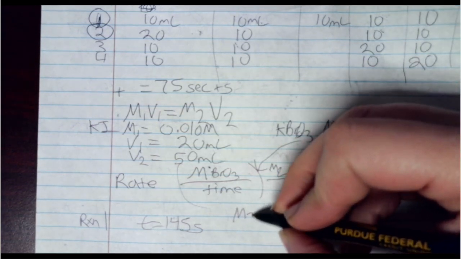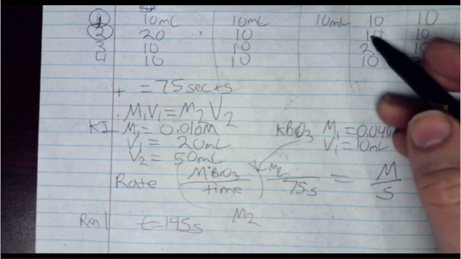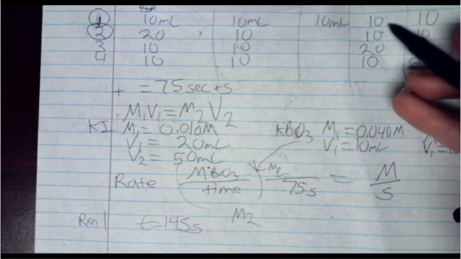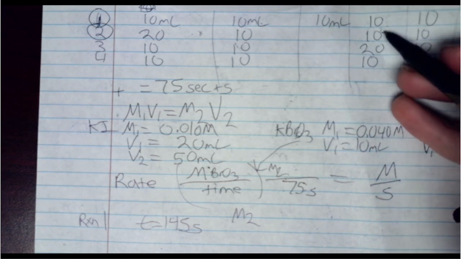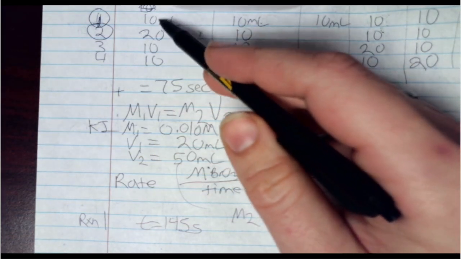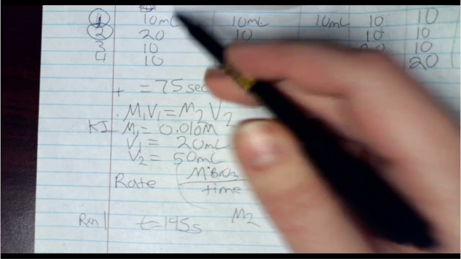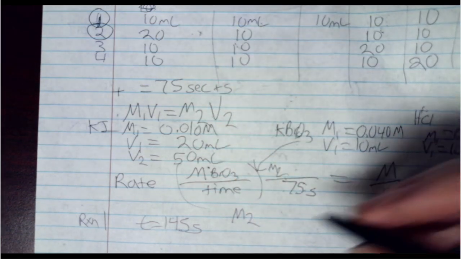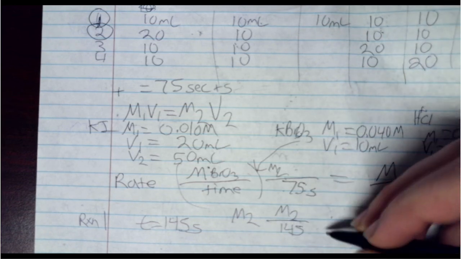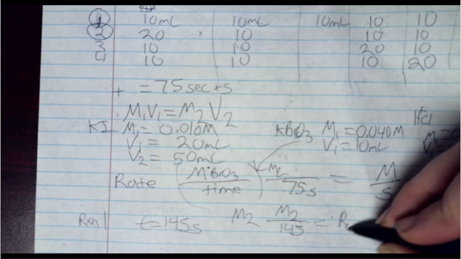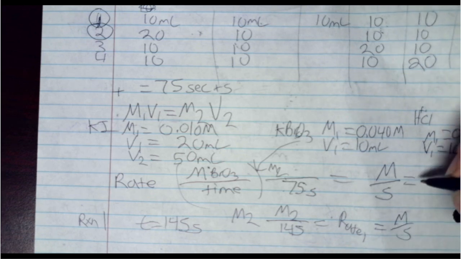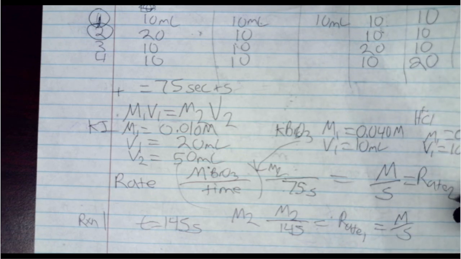The M2 will be the same because the volume is still 10. Number 1 had 10 mL, number 2 had 10 mL. The only thing that would change between reaction 1 and reaction 2 is that at 20 mL the second time, the concentration of iodide has doubled. So whatever your M2 is, you would divide that by 145, and that would be your rate 1 answer, in molarity per second. That's your rate 2 answer.